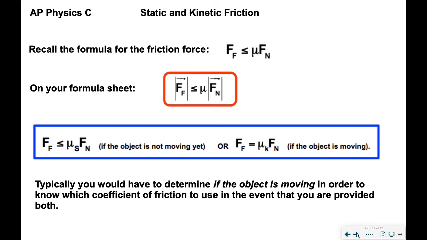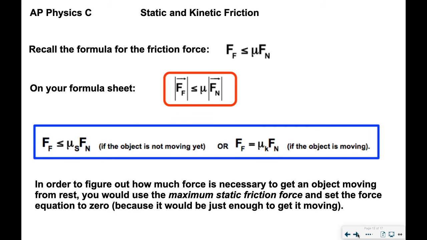So typically what we need to do is figure out if the object is moving at all in order to know which coefficient of friction to use in the event that you are provided both of them. So the way we do that is to write a standard force equation.